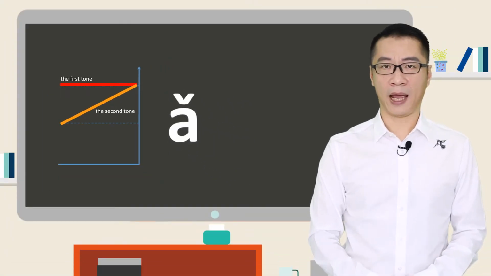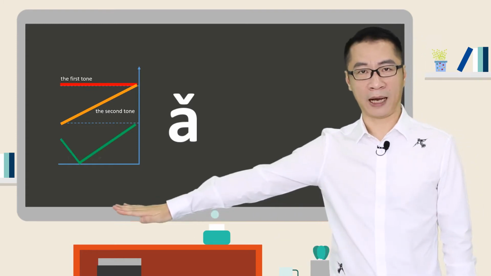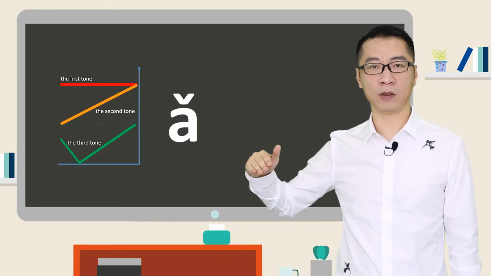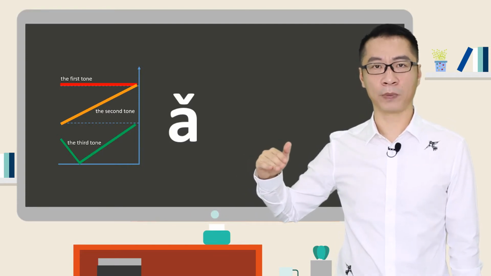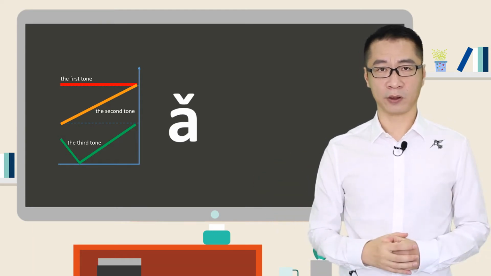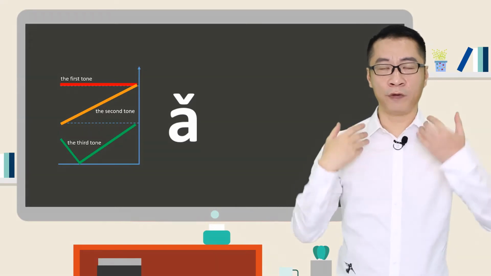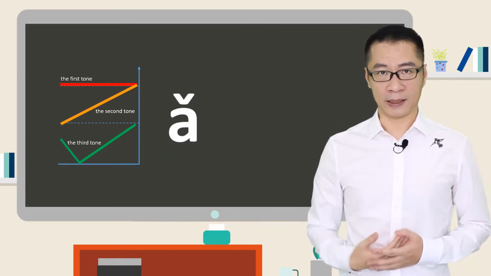The third tone is the lowest tone of all. It starts low and then rises toward the middle high pitch level, and it has longer duration. Your pitch level should drop until you feel out of breath and then release.